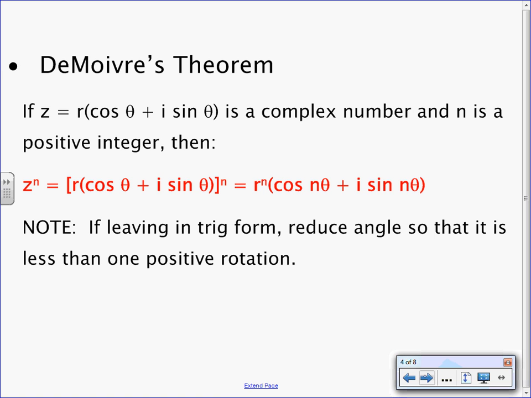Once again, if you're leaving it in trig form, we need to be between 0 and 360 degrees, or 0 and 2 pi radians. So you're going to have to use coterminal angles here. This angle could get pretty big, so you might have to subtract 360 a few times.